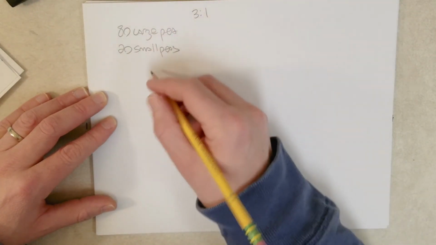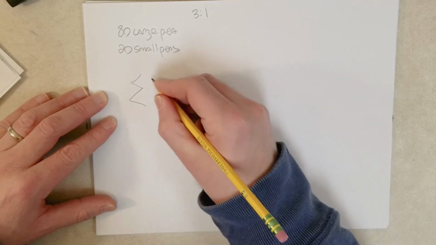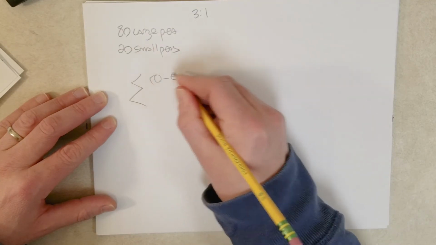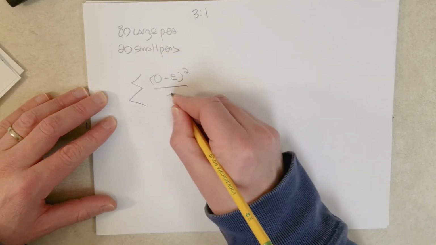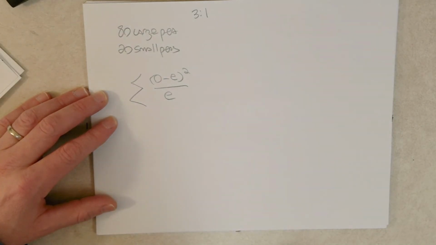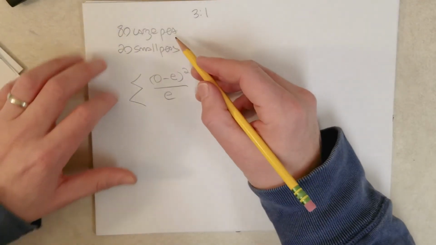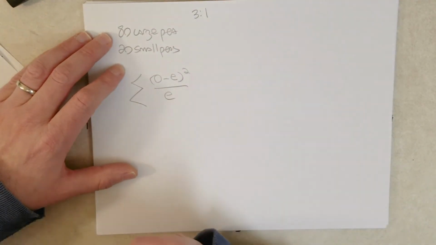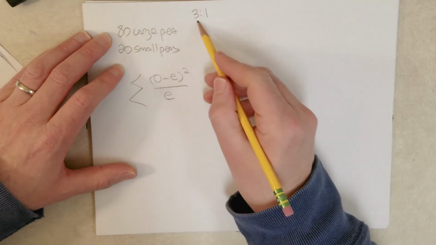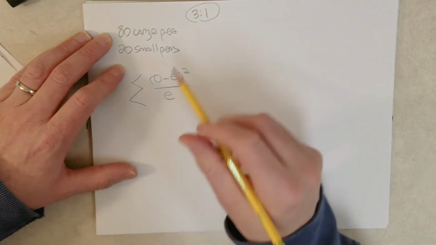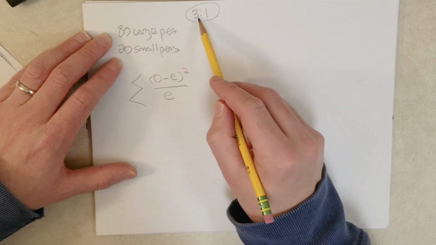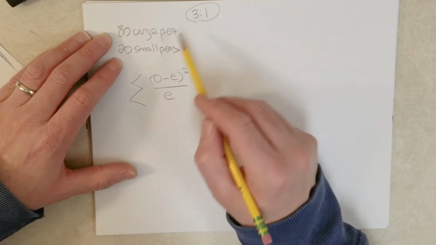So we need to plug these in to this equation to perform the chi-square test, right? So one thing that's a little different is we need to figure out how many we expected. Like I told you, we expected a ratio of 3:1, but we need to figure out how do these translate into numbers of peas?